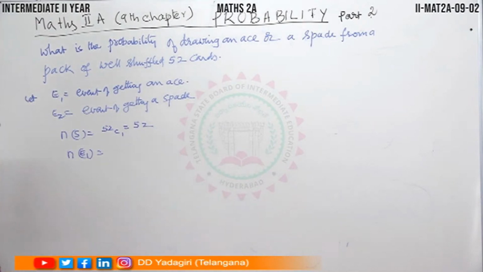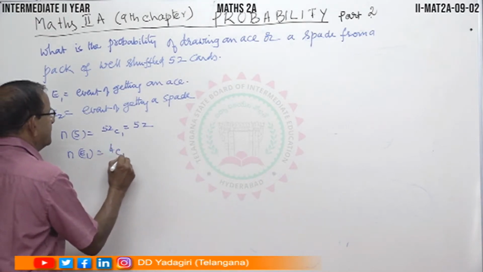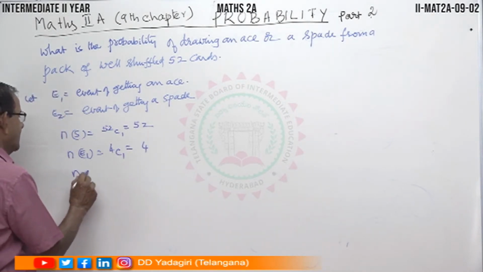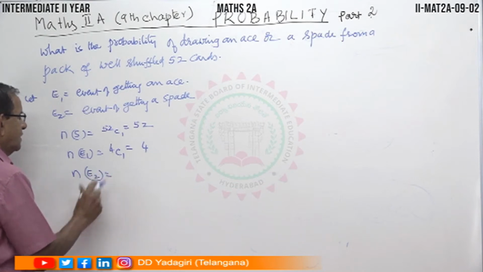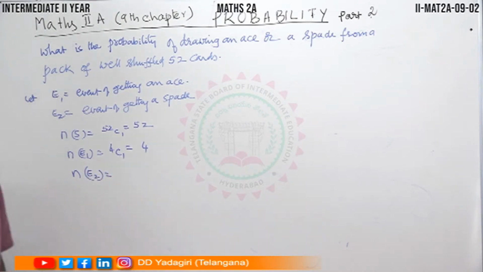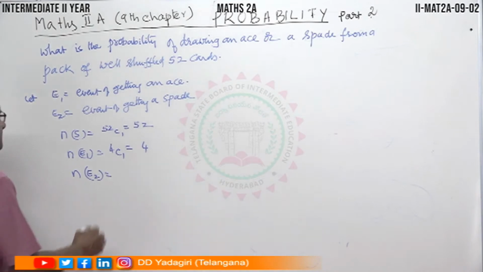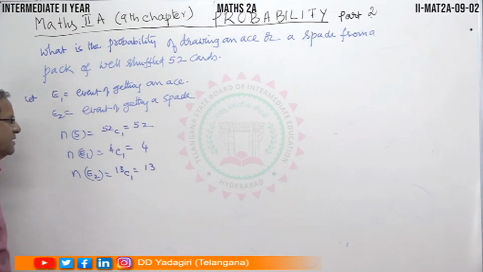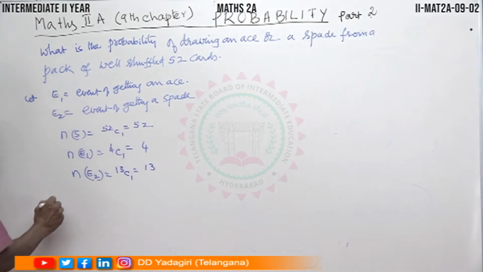That can be done in 4C1 ways. So that is 4C1 is equal to 4. And N of E2. How many spades are there? 13 spades are there in a pack. So I have to draw one spade from that. That is in 13C1 ways. 13C1 equal to 13.